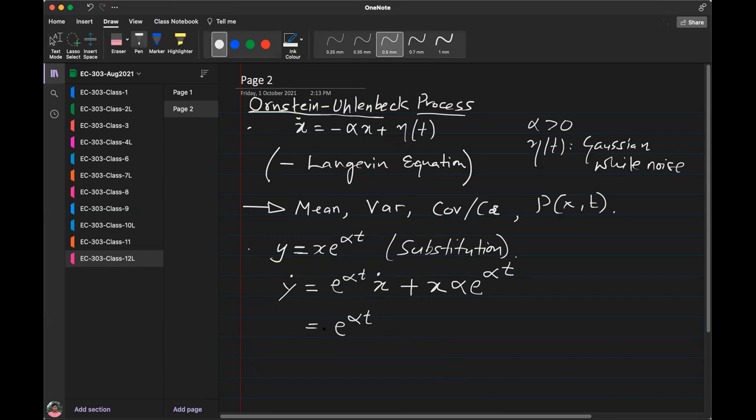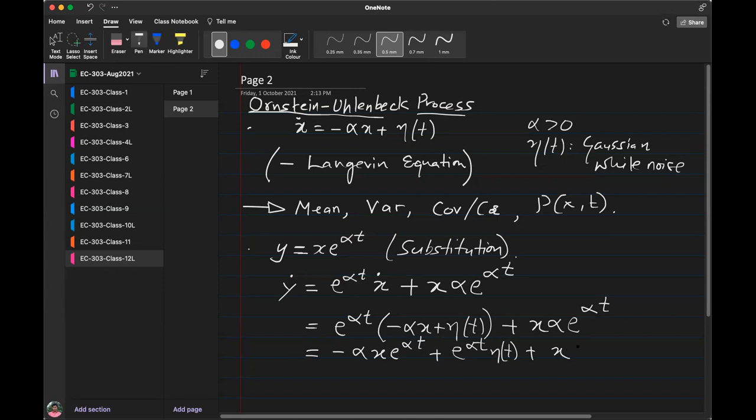The first term becomes e power alpha t times minus alpha x plus eta t, plus x alpha e power alpha t. Expanding, the first term is minus alpha x e power alpha t, the second is e power alpha t eta t, plus x alpha e power alpha t.